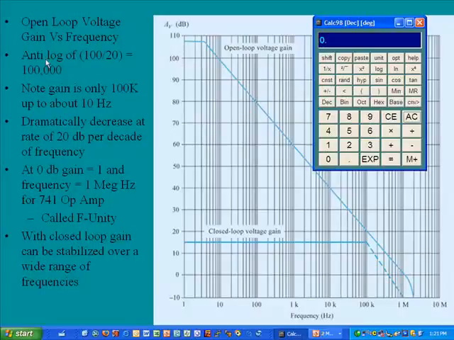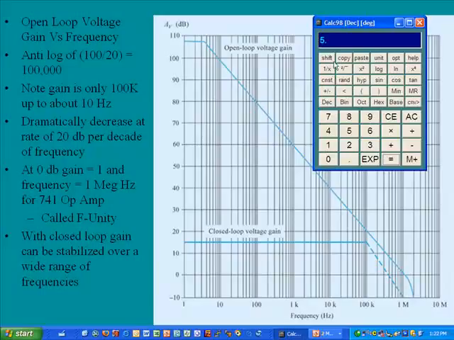And here is the formula. You would take the anti-log of, for example, a decibel value of 100, and we wanted to convert it to regular A, we would take the anti-log of 100 divided by 20. So let's do that. 100 divided by 20, and then we take the anti-log of that.